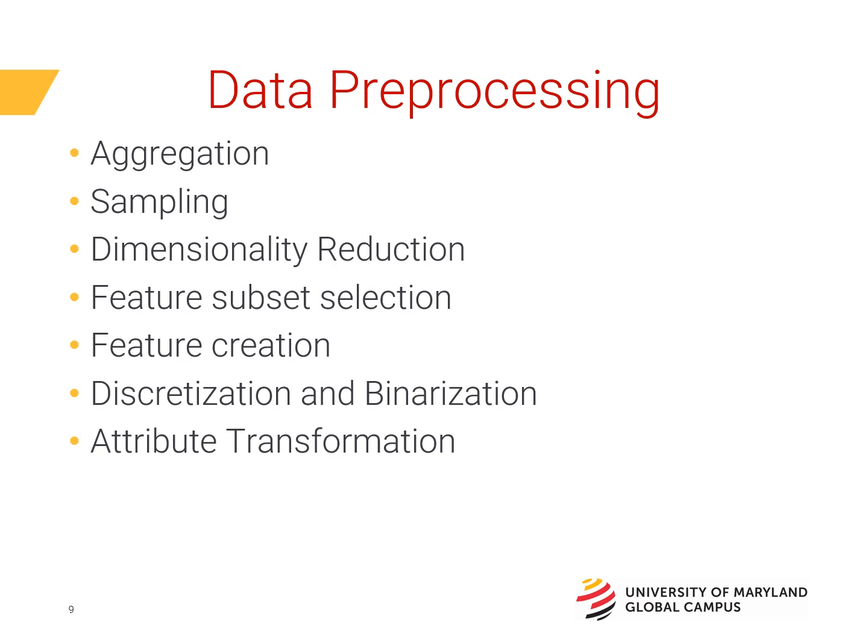And similar to that, sometimes you have to select a subset of the features or the variables in the data, and sometimes you need to create new ones through transformation or maybe applying some function. And discretization and binarization are another one.